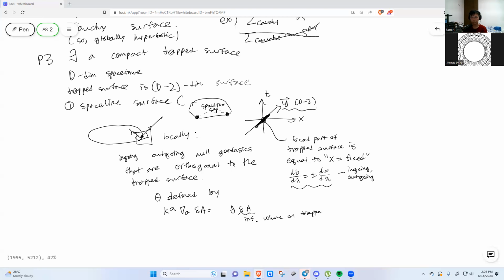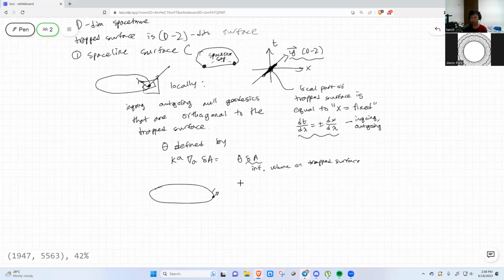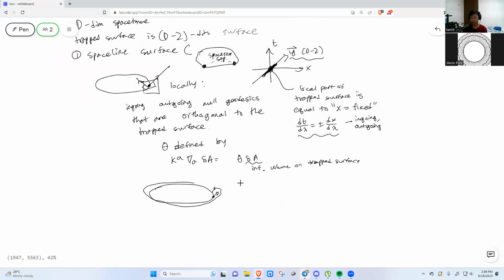So let me explain. Assume that you follow either the ingoing or the outgoing null geodesics. You follow the geodesics, and then the trapped surface will evolve a little bit, right? And an infinitesimal volume element will have its volume changed if you follow this change. So basically this is the volume change.